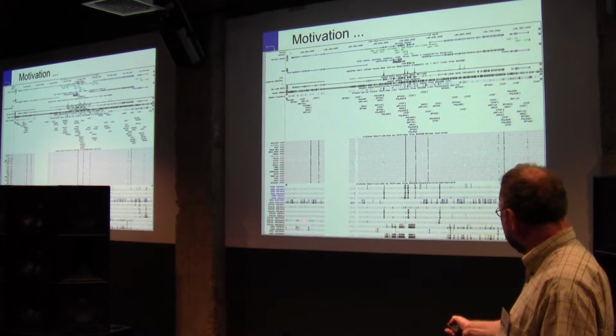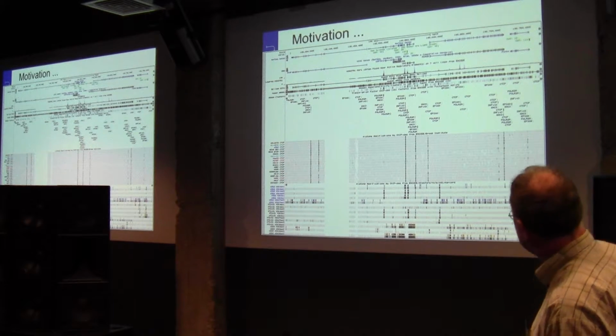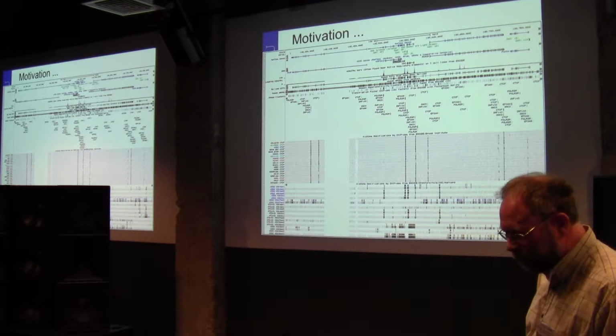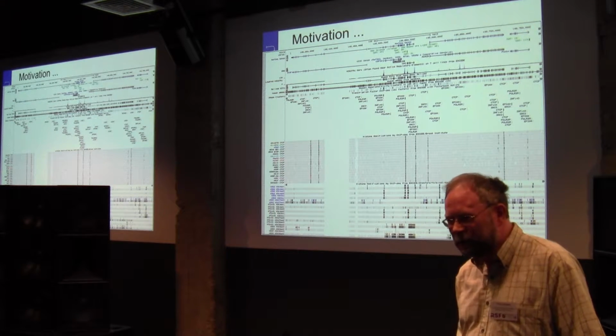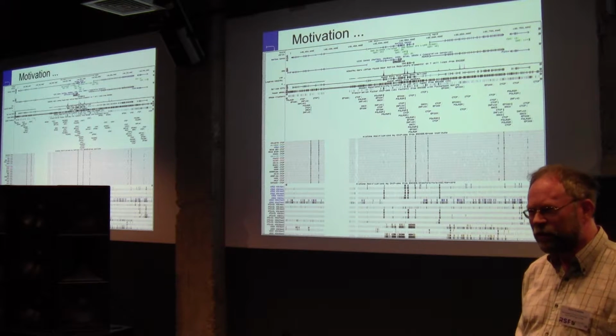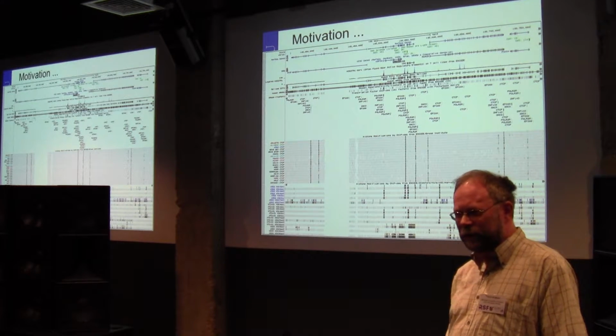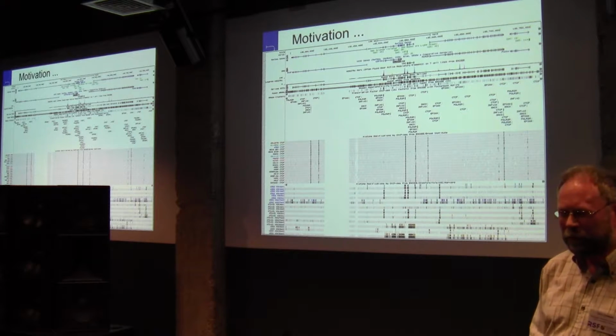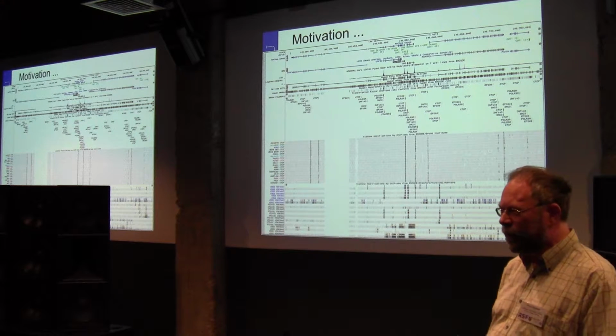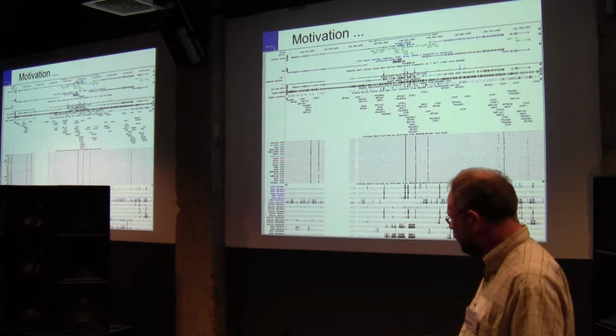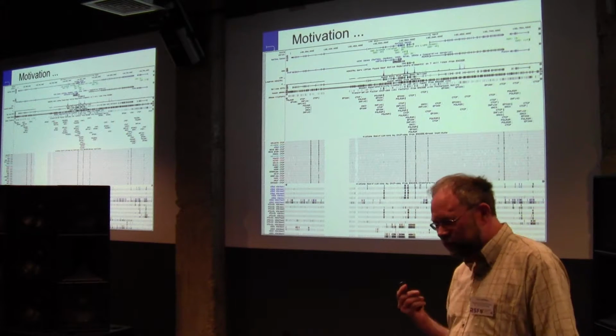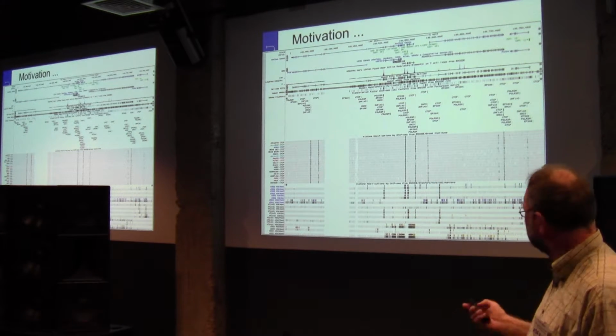There are different methylation tracks and so on. But how can we say something reasonable about how these tracks are correlated? How should they be compared? What type of story do they tell? How can we link them up to other types of information? So this is what we are going to look a little bit into.